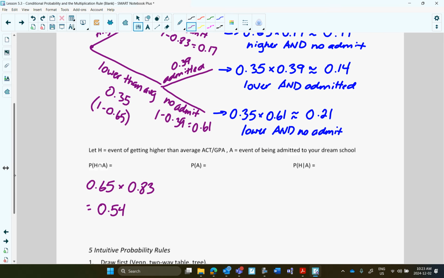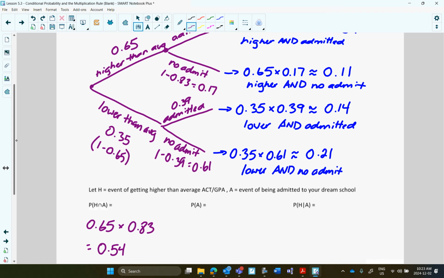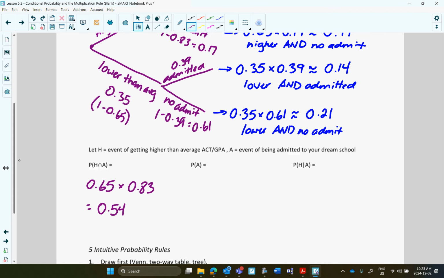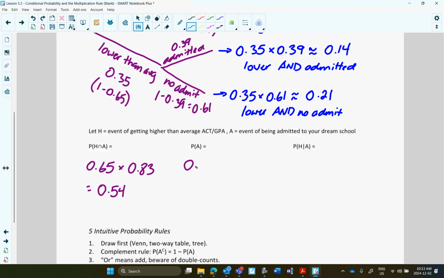So in this case, I'm going to write it out. 0.65 times 0.83 plus 0.35 times 0.39.